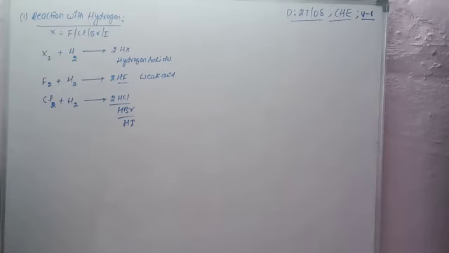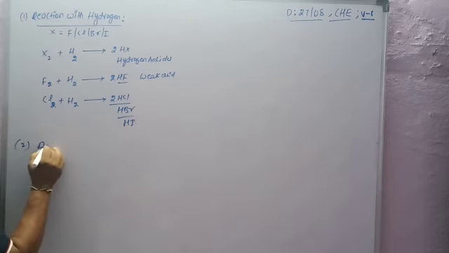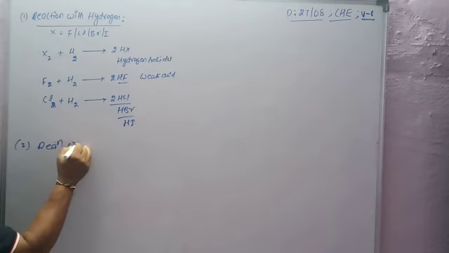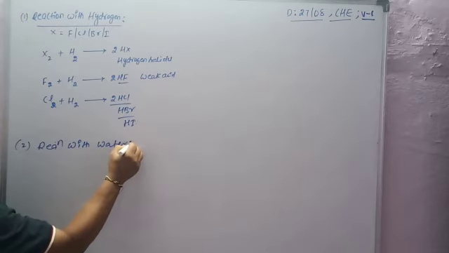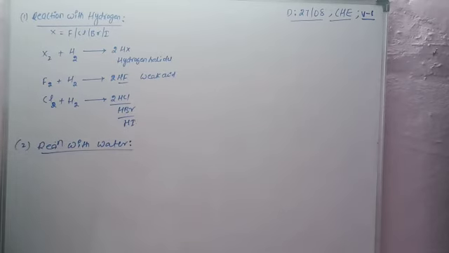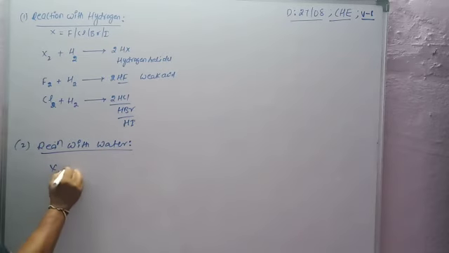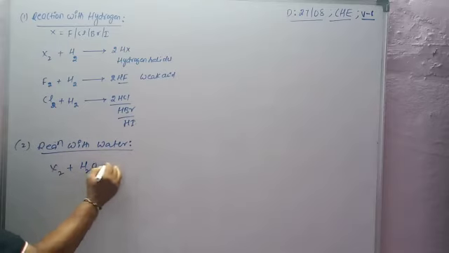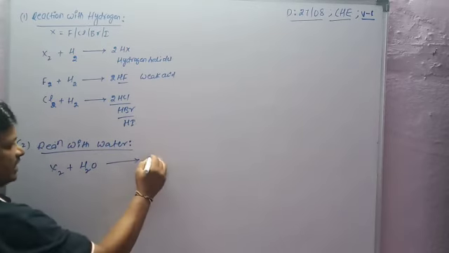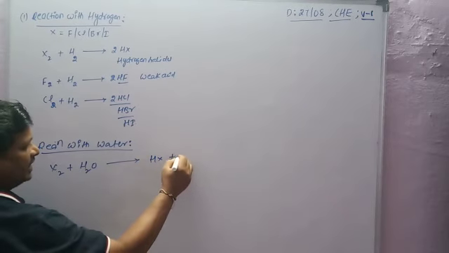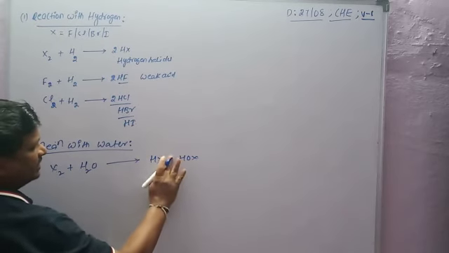The next one is reaction with water. Halogens X2 plus H2O give HX type hydrogen halides plus HOX.